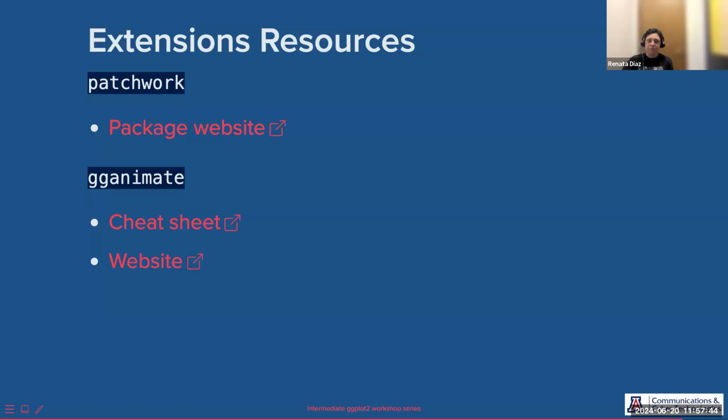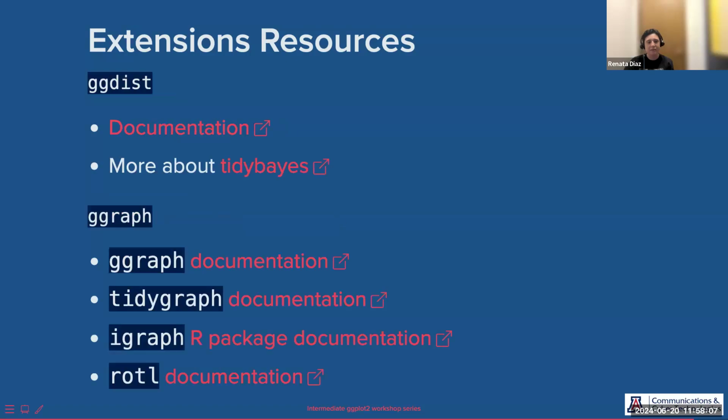So I think those are the examples that we had to share. We do have slides for resources, because this is really just skimming the surface of each of these packages. There are resources for each of these packages, like documentation sites, for patchwork and gganimate. And if you go to these slides online, or go to the next slide, we've got links to ggdist, packages for ggraph, and if you're interested, rotl.